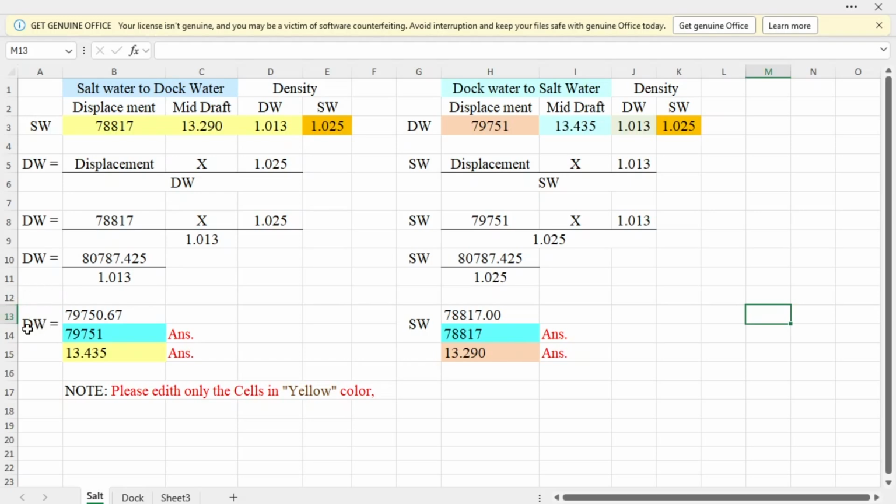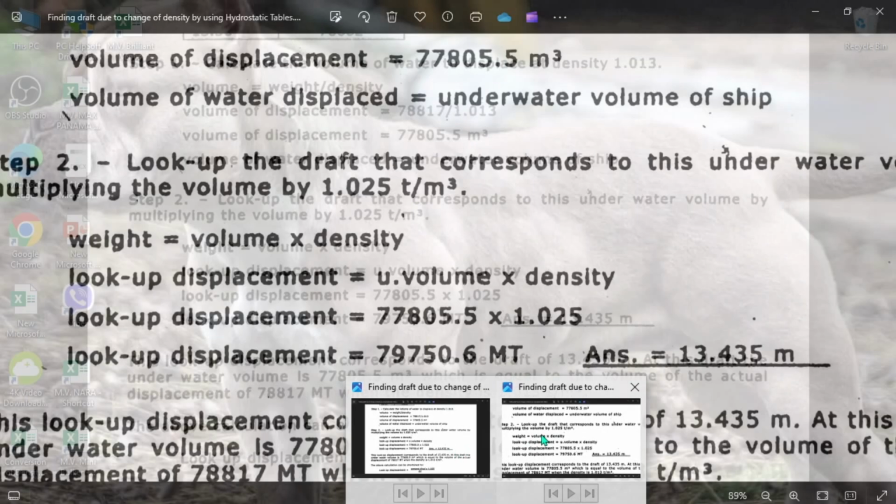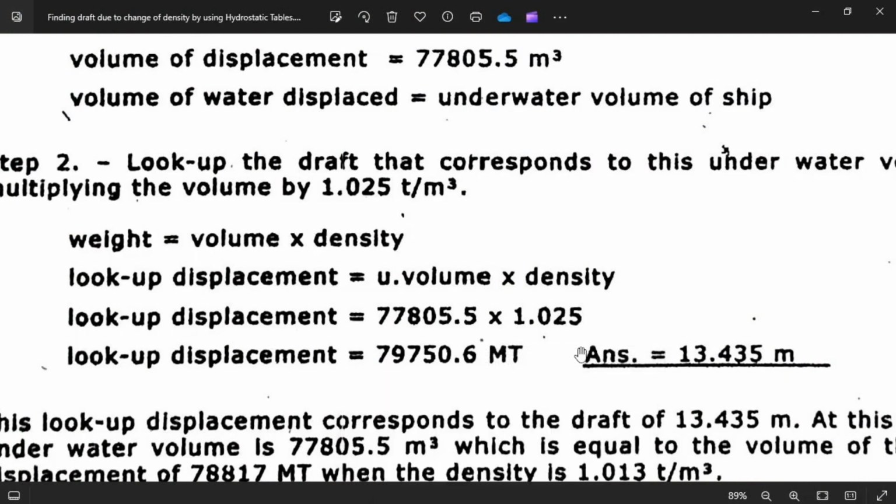So this will be your dock water displacement, 79751, which is this one, guys. Okay, so let's proceed.